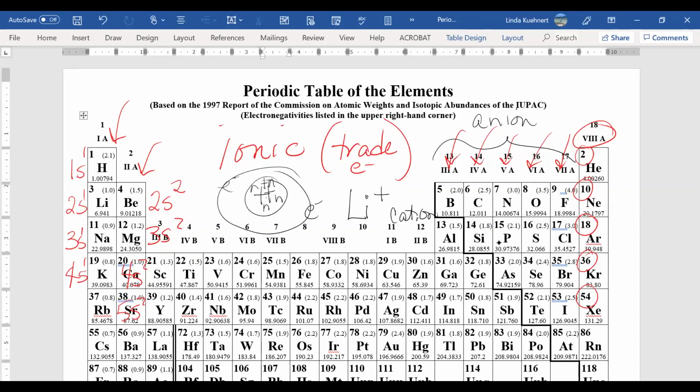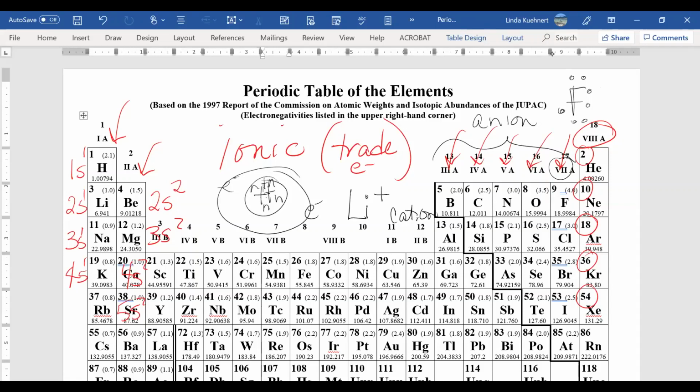So let's take a look at fluorine. Fluorine has 9 protons, and in a neutral atom, it would have 9 electrons. It wants to have the same number of electrons as the noble gas, and it's easier for fluorine to pick up an electron, and if we gain an electron, we go negative. So when it was neutral, it had 7 valence electrons, and we can write those electrons around fluorine.